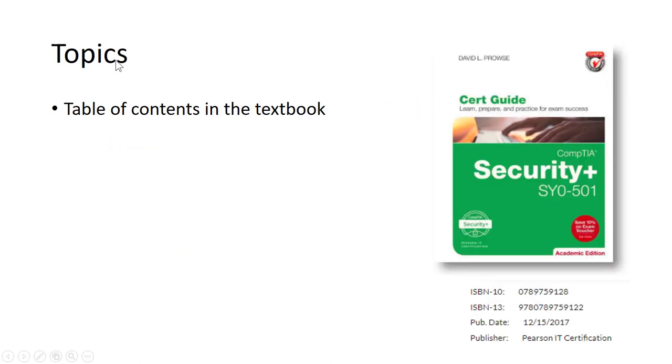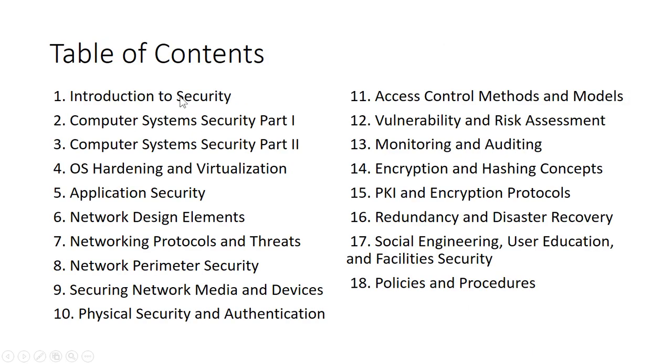Now let's look at the topics that we will be covering. If we look at the table of contents in our textbook, we will see there are 18 chapters, from computer systems security to operating systems hardening to application security to physical security to access controls, all the way to policies and practices.